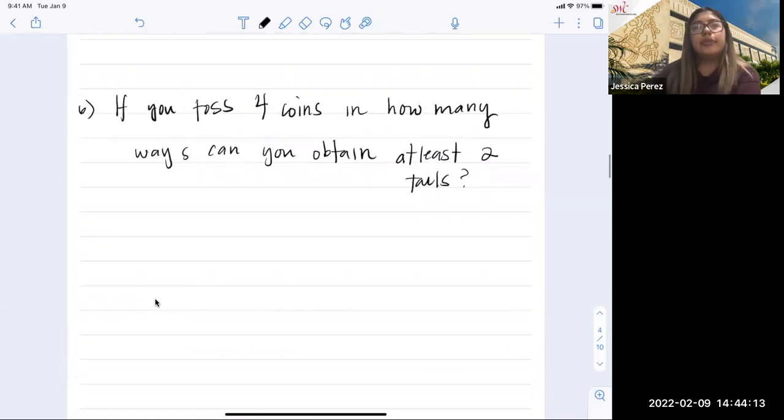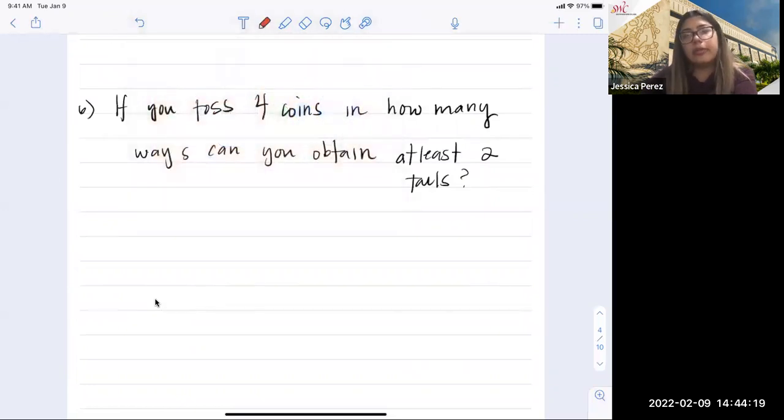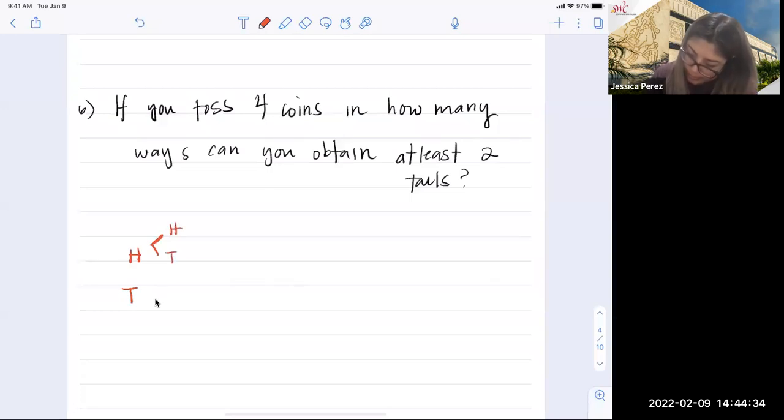So if you toss 4 coins, how many ways can you obtain at least 2 tails? Well, on that one, you want to maybe create a tree diagram. So first is heads and tails, heads and tails, heads and tails, heads and tails.